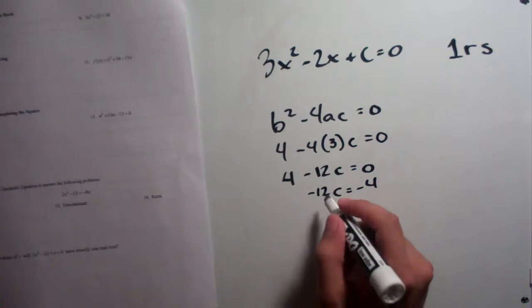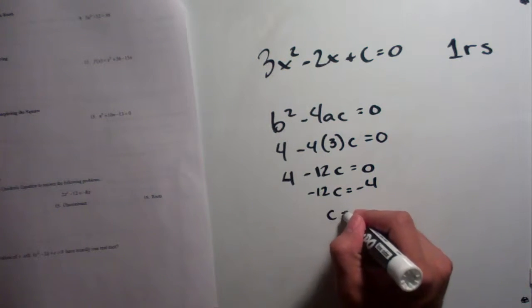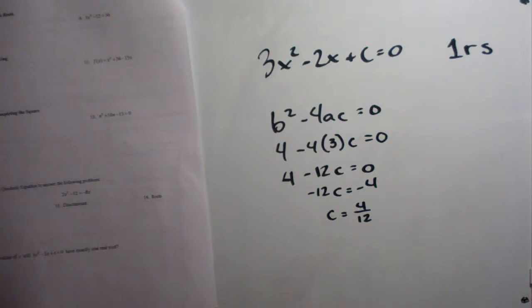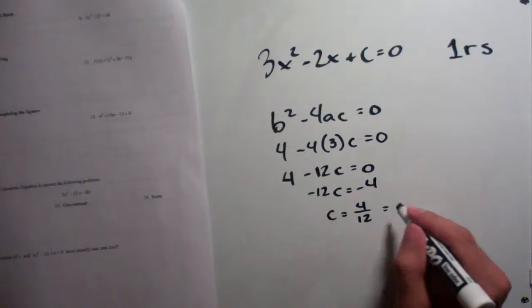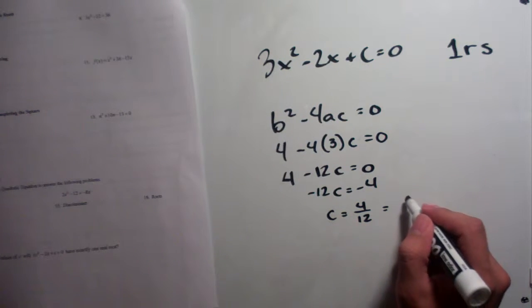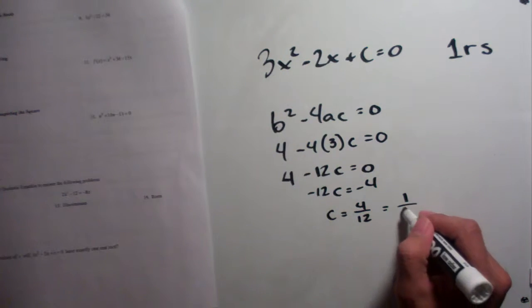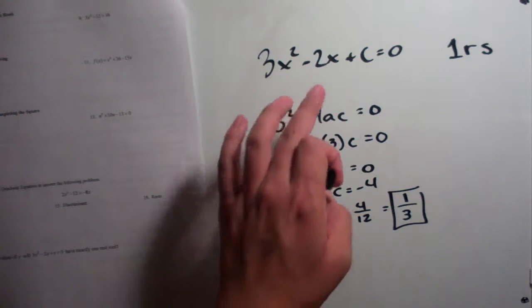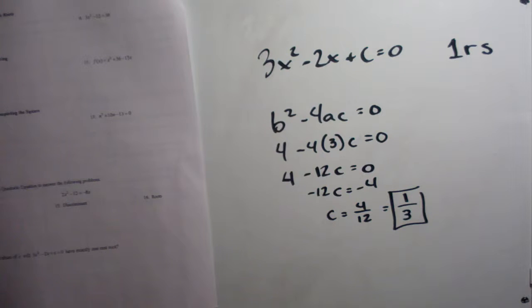We would divide by -12, so we're going to have c equal to -4 divided by -12, which is 4 over 12. It's positive. We can simplify this, 4 can go into both, to be 1/3. Okay, so c would have to be 1/3 in order for this entire quadratic to have one real solution. Okay, so it is a fraction, but that's fine.